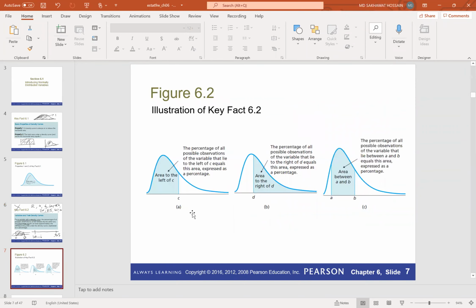So here is the illustration of the previous facts.